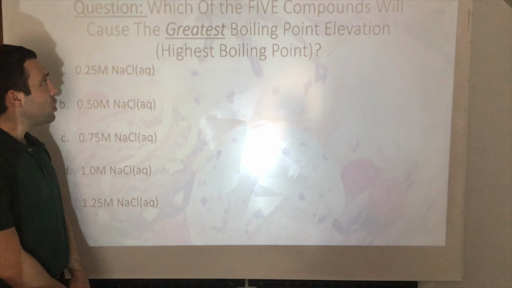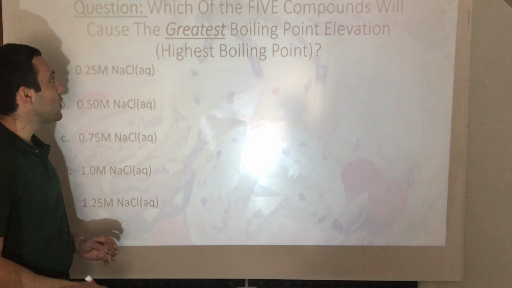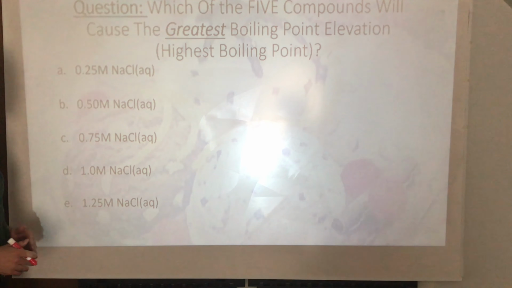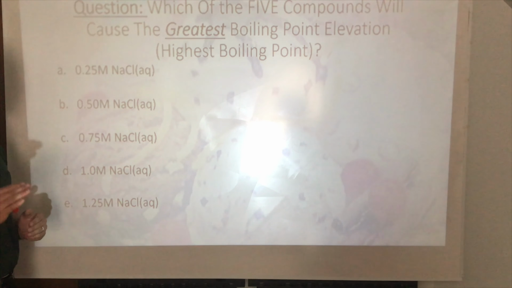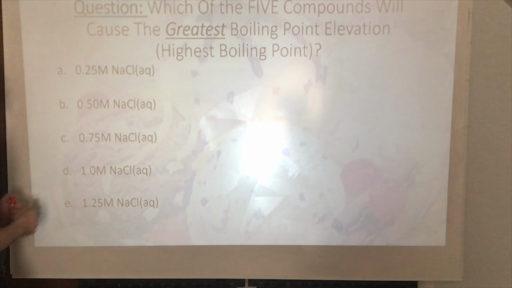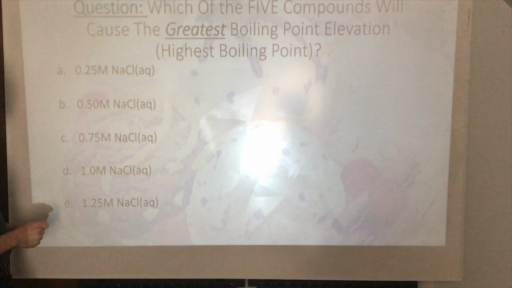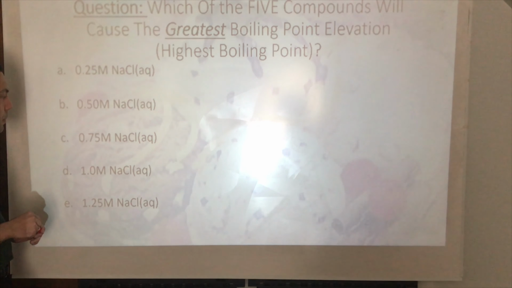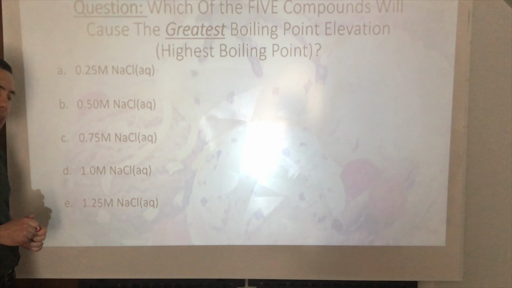Let's use what we just learned to answer the next question. The question is, which of the 5 compounds will cause the greatest boiling point elevation? Which of these 5 will cause the highest boiling point? We have choice A, 0.25 molar NaCl. B, 0.50 molar NaCl. Choice C, 0.75 molar NaCl. Choice D, 1.0 molar NaCl.